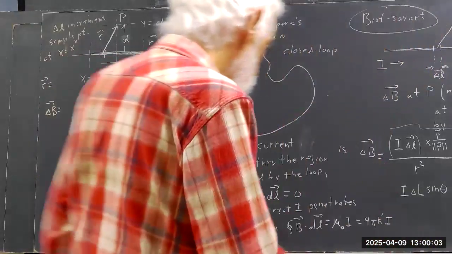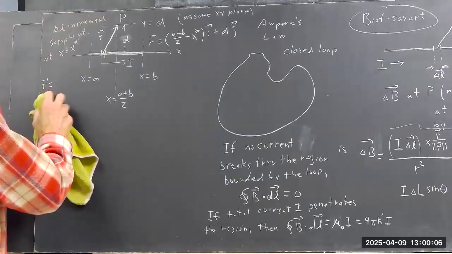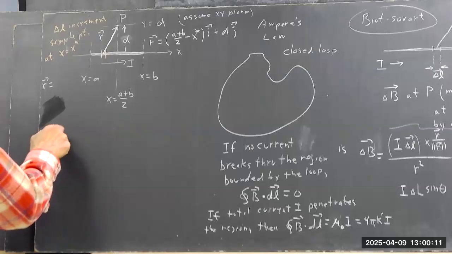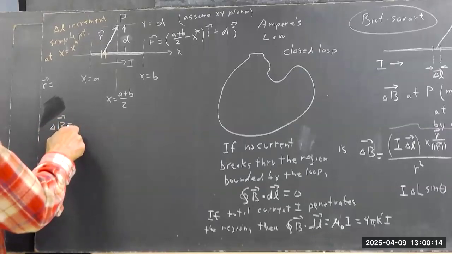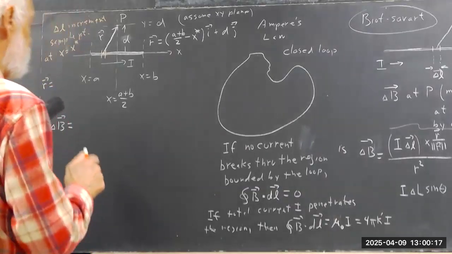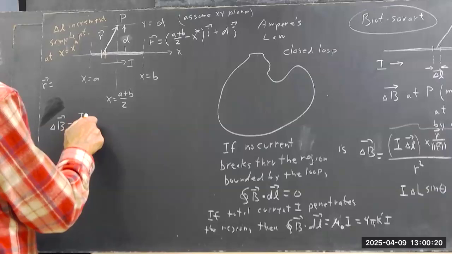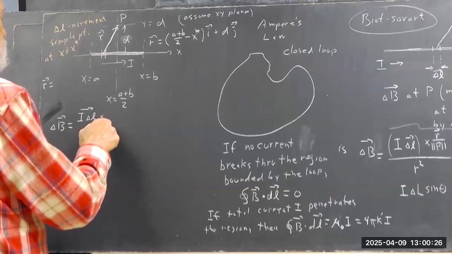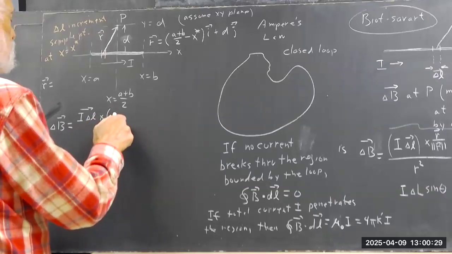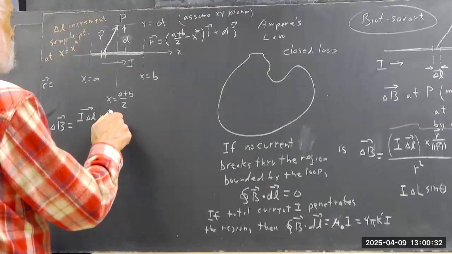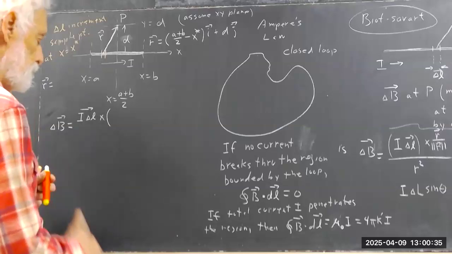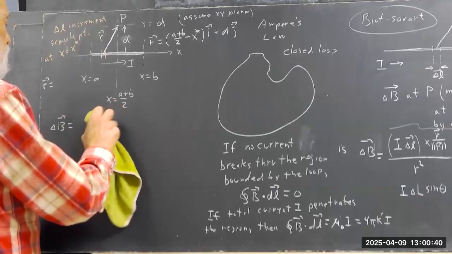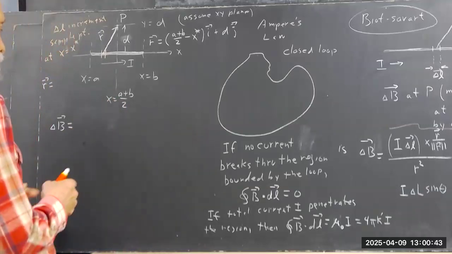Let me leave myself a little more room and write a better delta B. I don't want to write I delta L with an arrow over it.